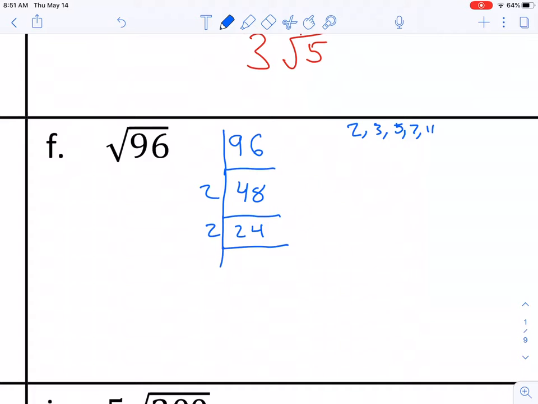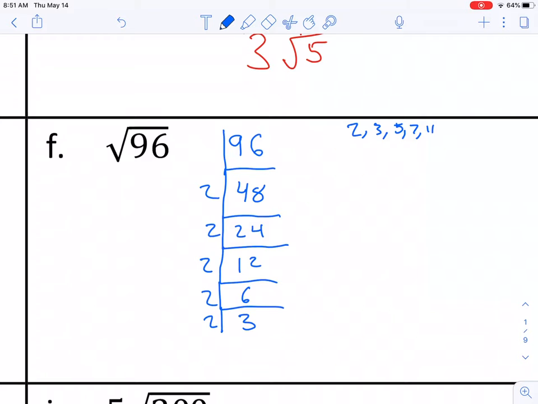Is that even? It is, so we can divide by 2 again, and we get 12. That's even, so we can divide by 2 again and get 6. And we can divide that by 2 again to get 3.